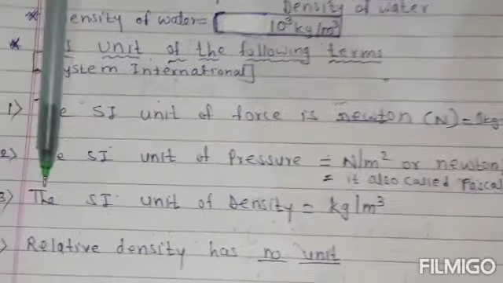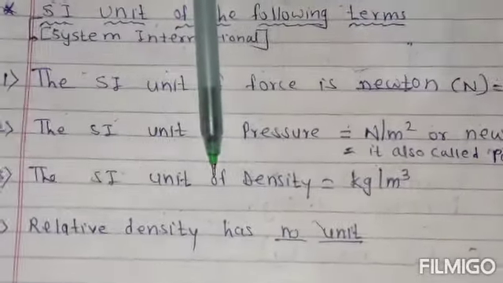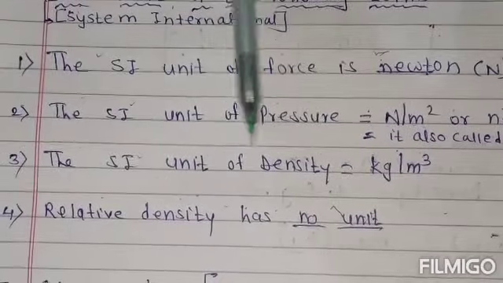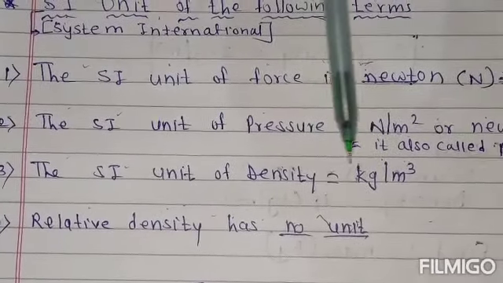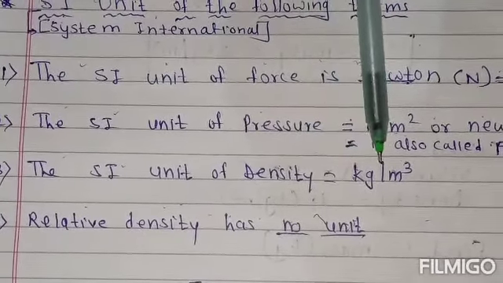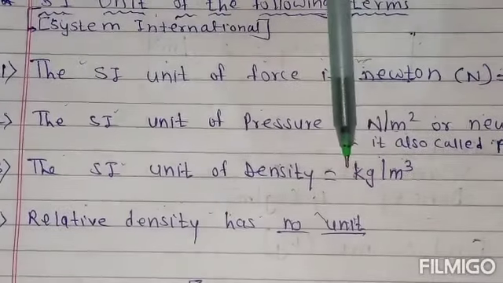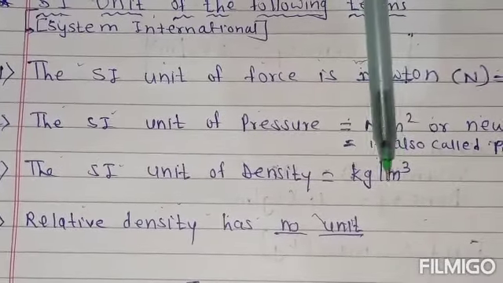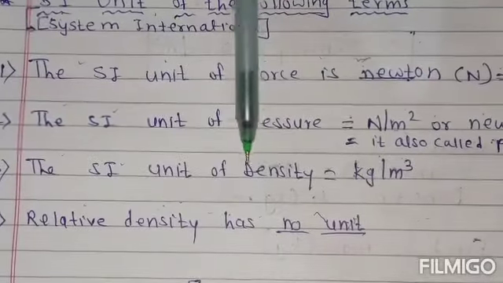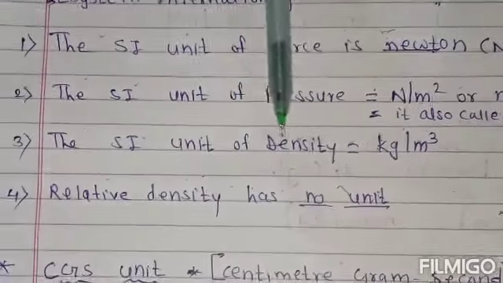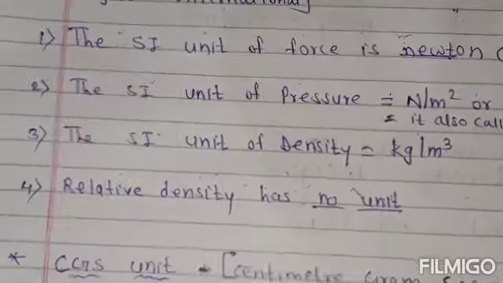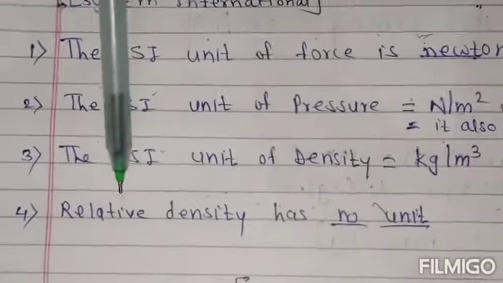Now next, the SI unit of density. SI unit of density is equal to kg per cubic meter. Okay, that is the SI unit of density. Now about relative density, there is no unit.